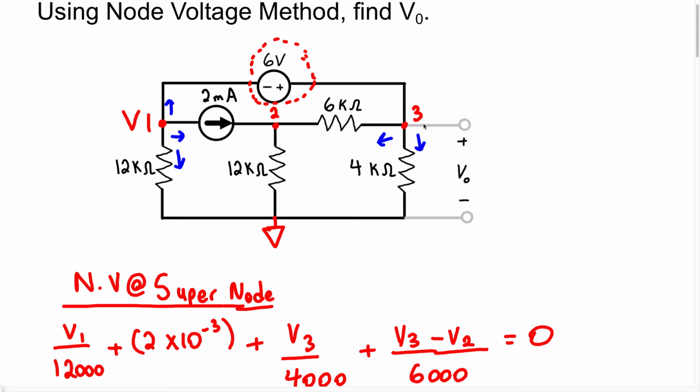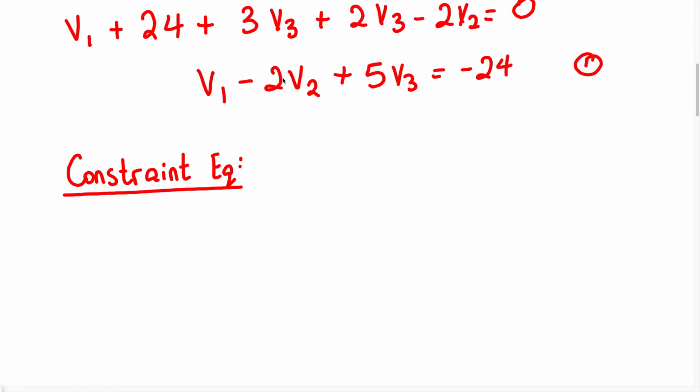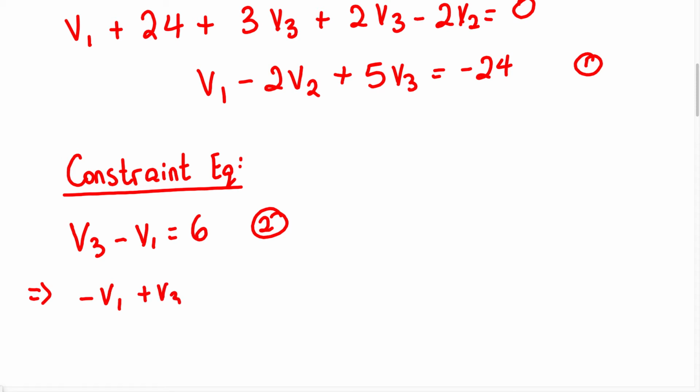Because node 3 is connected to the positive terminal of the voltage source, we know node 3 has a higher potential than node 1. So we're going to have V3 minus V1 equals 6. Okay, now this is going to be equation 2. Of course, we can rewrite this as negative V1 plus V3 equals positive 6.